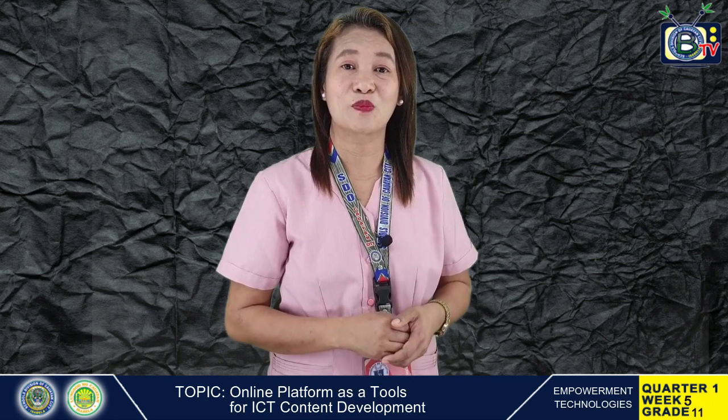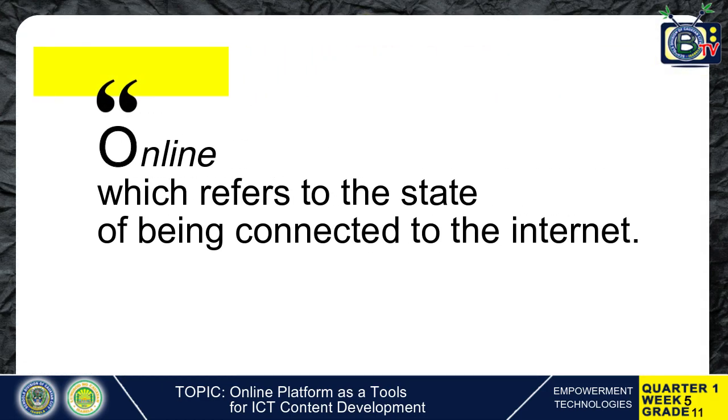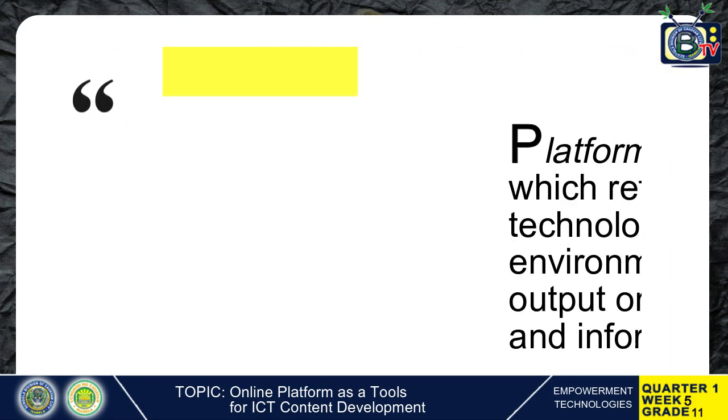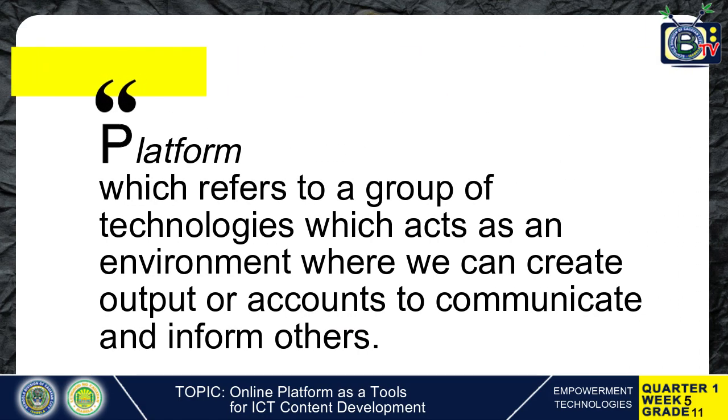Online platform comprises two words. The word online, which refers to the state of being connected to the internet, and the word platform, which refers to a group of technologies which acts as an environment where we can create output or accounts to communicate and inform others.